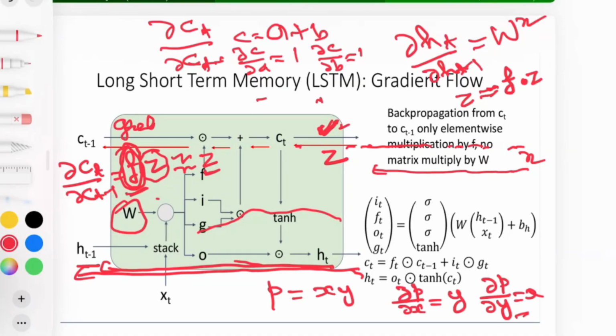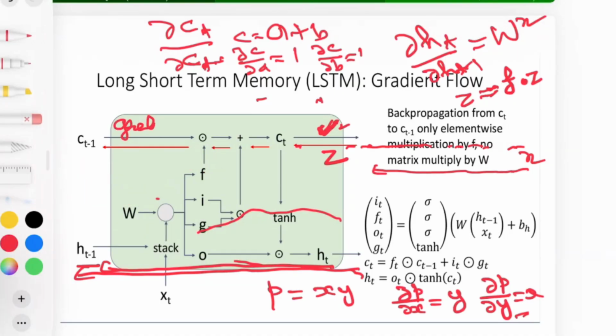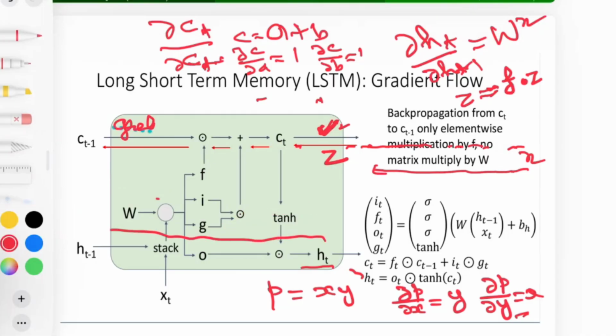Because you have two paths. Suppose from this path you are getting a gradient close to zero because W is involved here. But from this path, since W is not involved, you will be getting some values, maybe P values or these Z values.